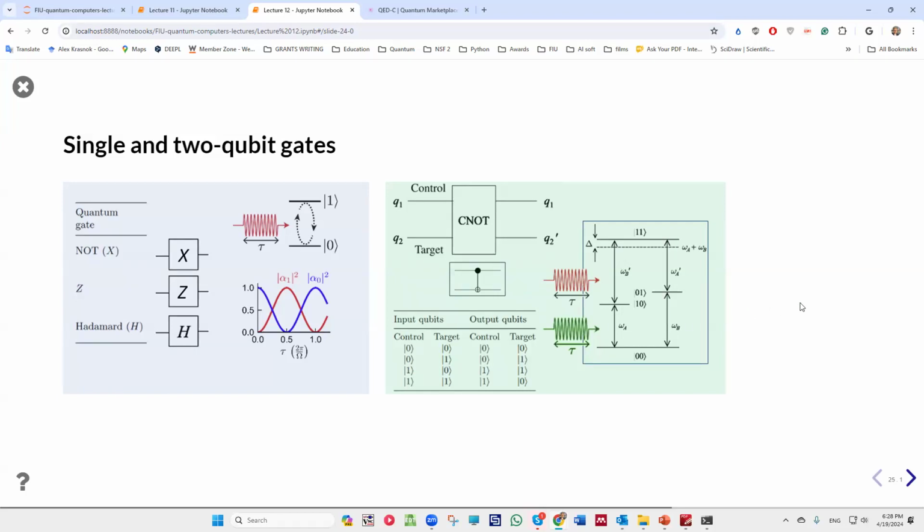Without going deep into this, these single qubit and two qubit gates are just about the way we use the pulses. The pulses can be of different duration and different frequency. So this is how we achieve two qubit operations, just using two different pulses of slightly different frequency.